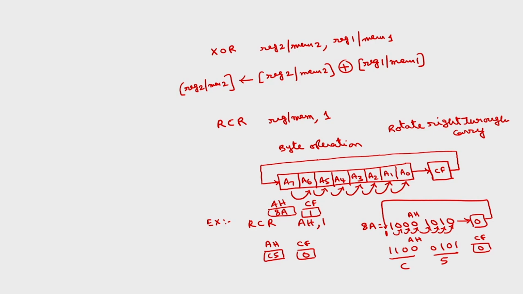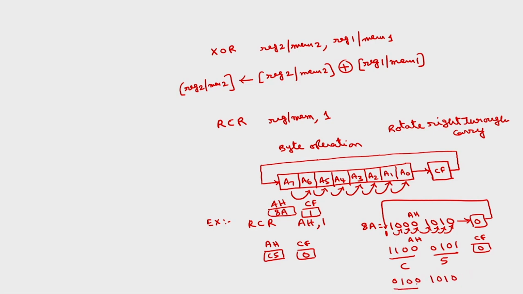What will be the contents? The same operation. So, the contents will move here. So, this will move into the carry flag as well as this. So, what are these contents? The last content 0 is moving to here as well as here. So, what happens is here this becomes 0, this 8A is 1 0 0 0 1 0 1 0, and carry flag is anyhow 0.